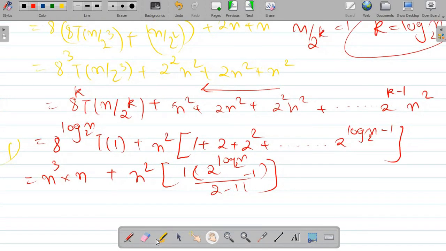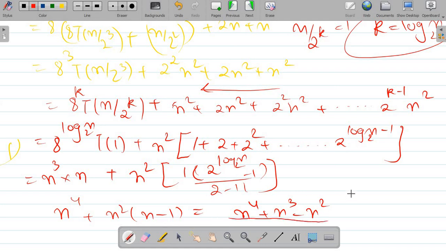So this term becomes n minus 1. So our answer is n to the power 4 plus n square into n minus 1, which is nothing but n to the power 4 plus n cube minus n square.